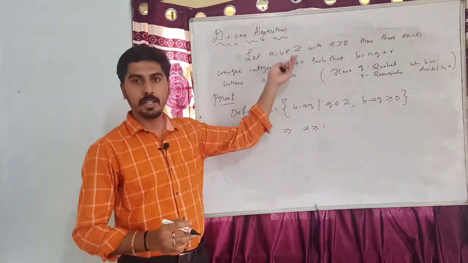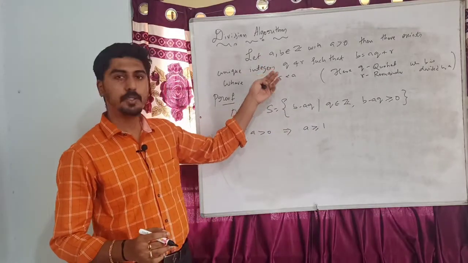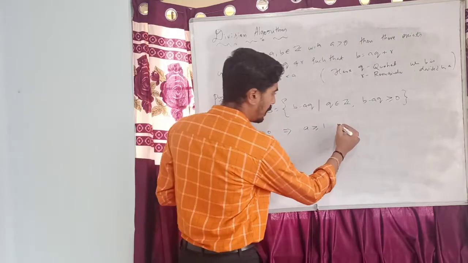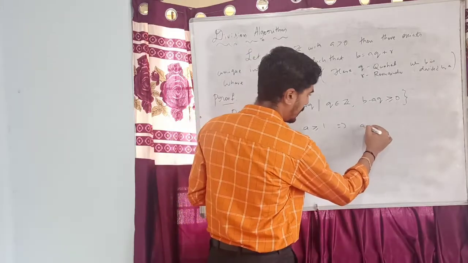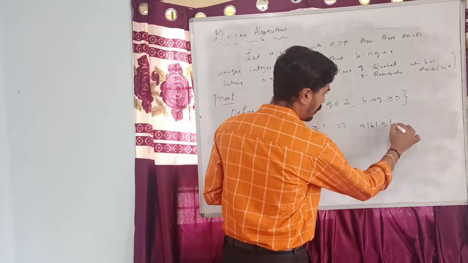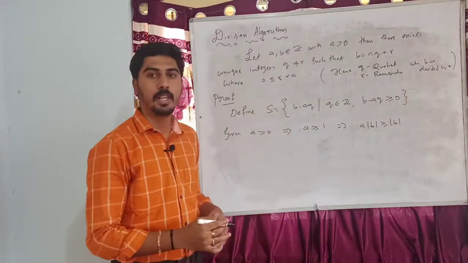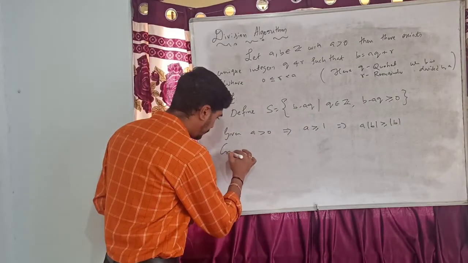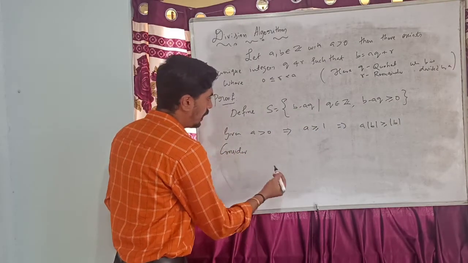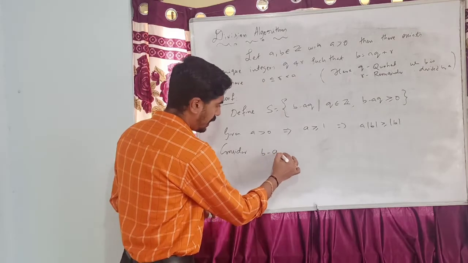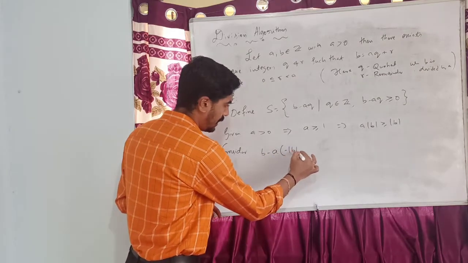b can be any integer, so mod b is positive. So if I multiply mod b on both the sides, I get a into mod b greater than or equal to mod b. Now consider b minus a into minus mod b.